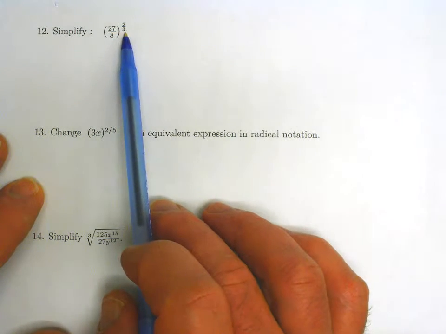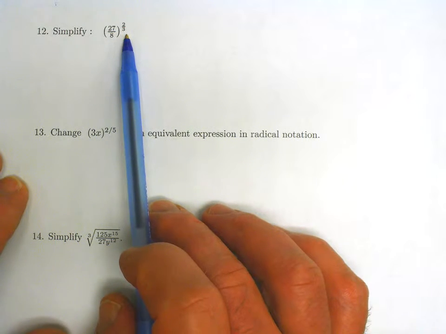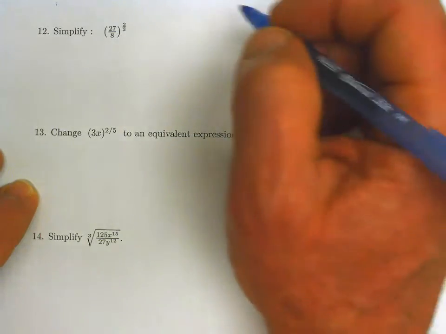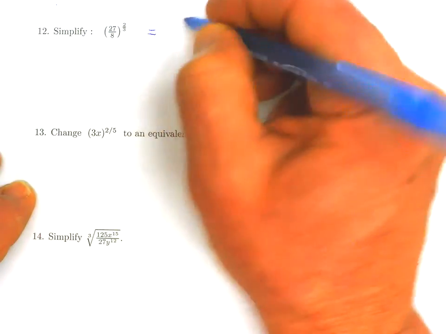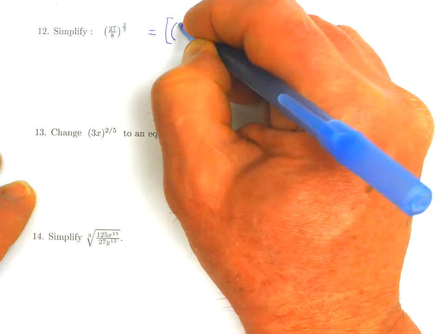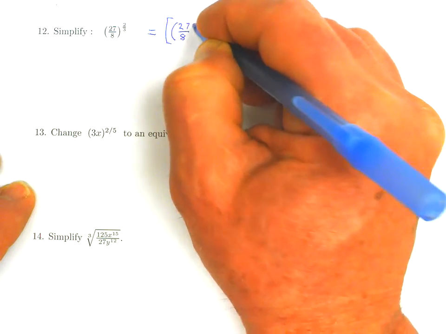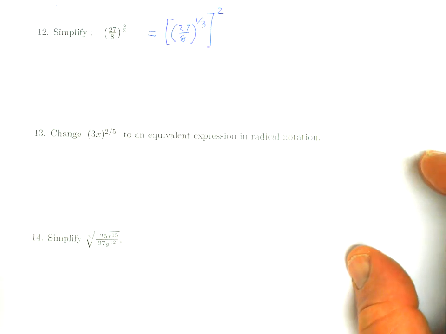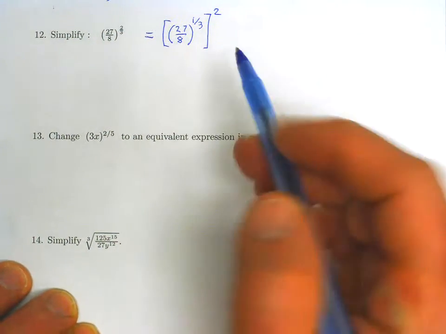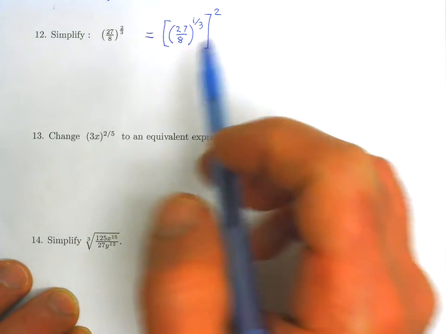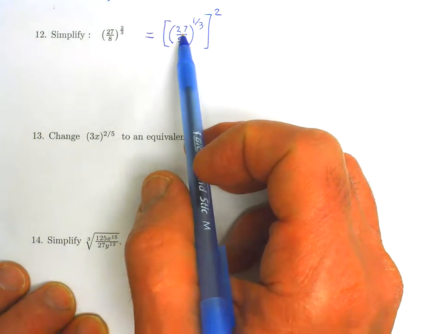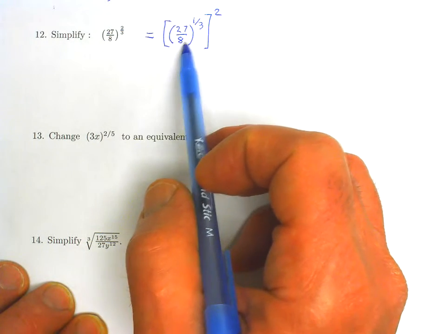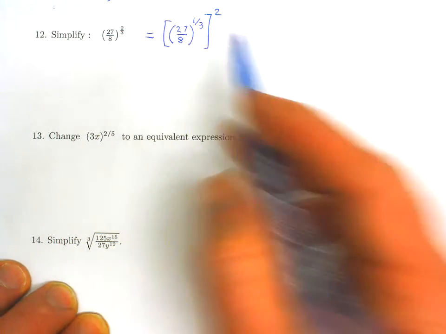If you have an exponent that's a fraction, the denominator is a root of the number that you're trying to find. So we can think of this as 27 over 8 to the 1/3 raised to the second. Okay, so this works out pretty nicely, like they almost always do. The cube root of 27 is 3, and the cube root of 8 is 2.